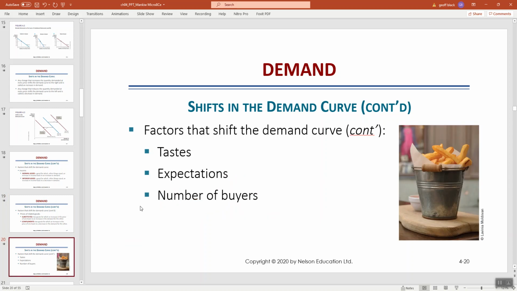Some other things that can shift the demand curve would be tastes. So something that's in vogue or trendy, the demand for it goes up. Like if Jennifer Lopez buys a particular dress and it's looked at positively in the media and everybody's fawning over it, the demand for that dress will likely go up, right?